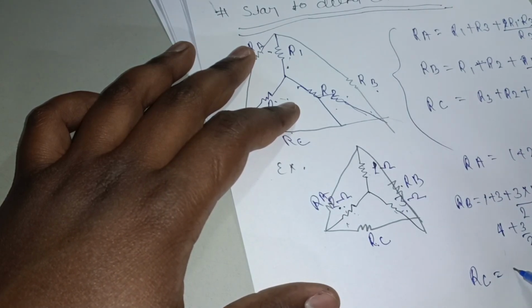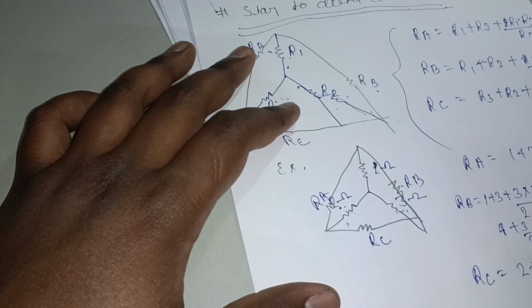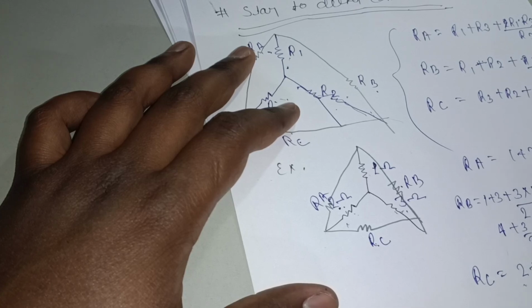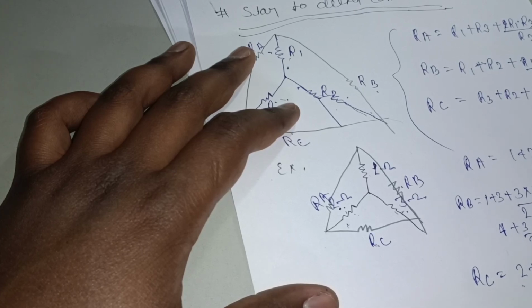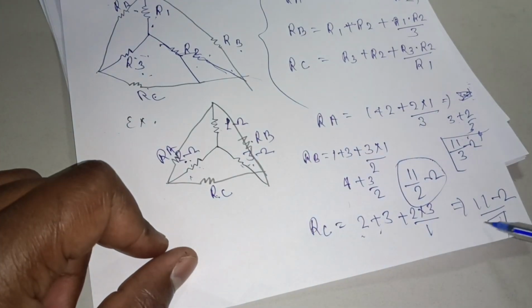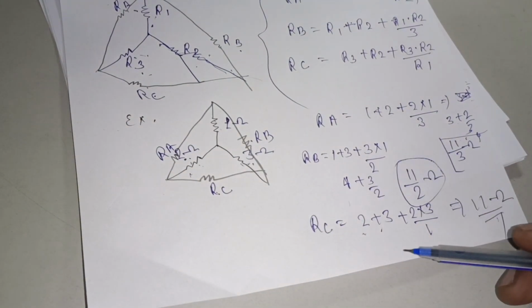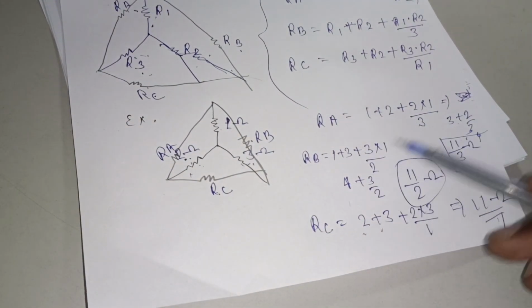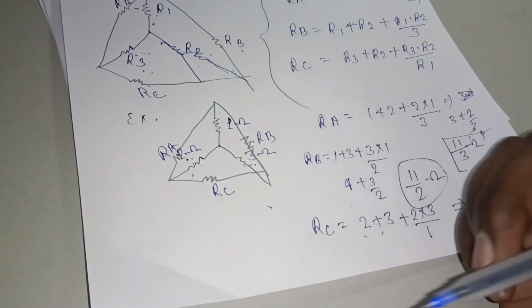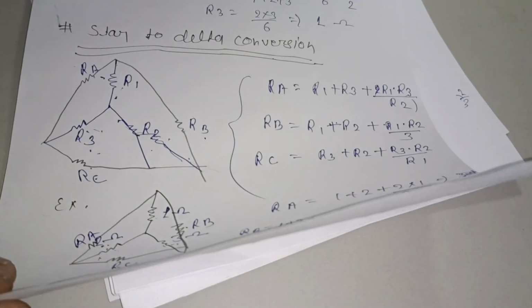So 2 plus 3 plus 2 into 3 upon the opposite side of it, which is 1. So 5 plus 6, 11 ohm. This is how we find the values of RA, RB and RC in star to delta conversion. Okay, I hope you have understood whatever I was trying to explain. So now we will see the superposition theorem.